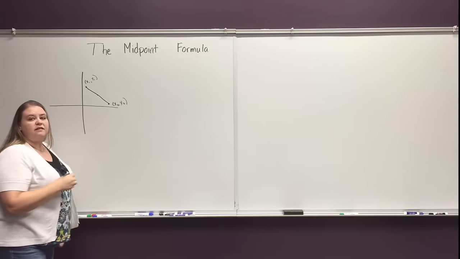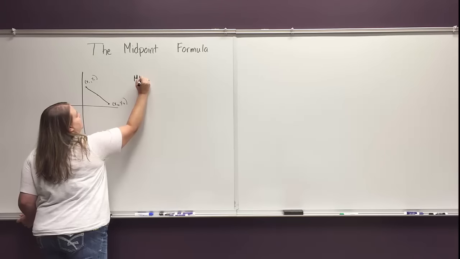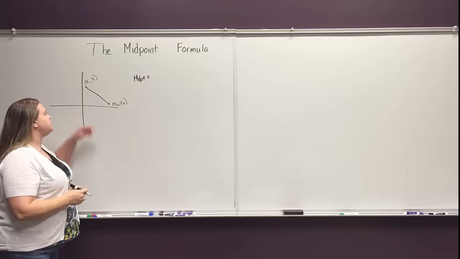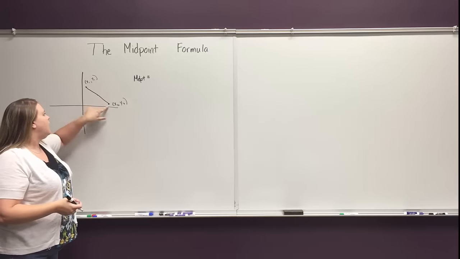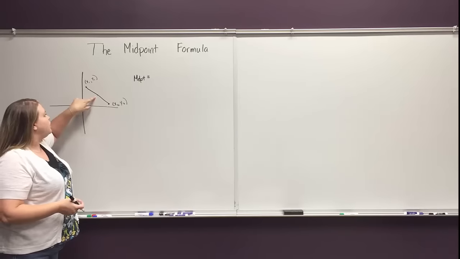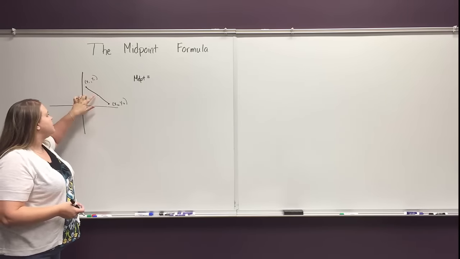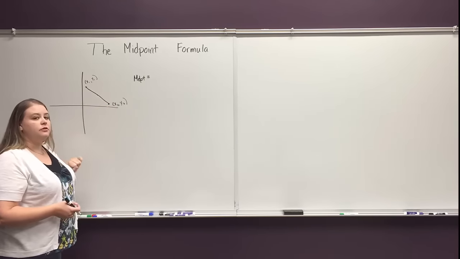And so to find this, we have our midpoint formula. And so the midpoint can be found by finding the middle, or the average, of this line. Notice it's going to be a point, so we need an x-coordinate and a y-coordinate. So we can find the x-coordinate for this point by averaging these two x values.